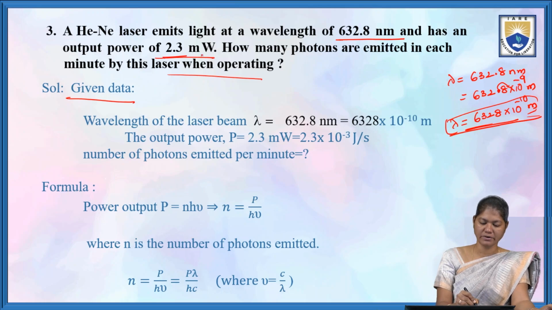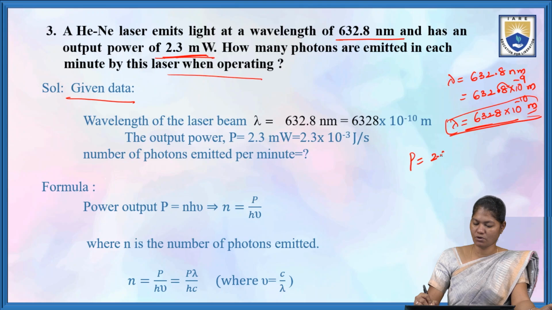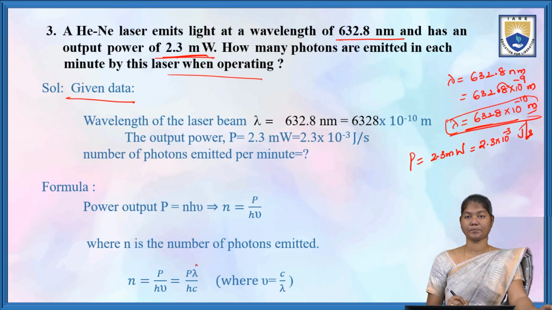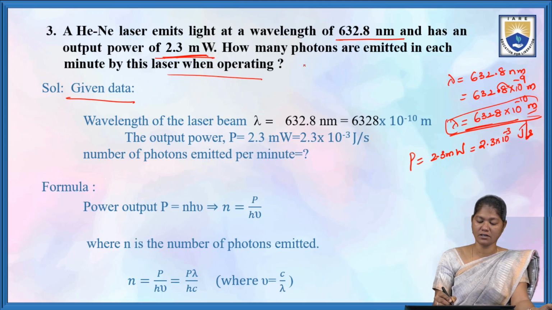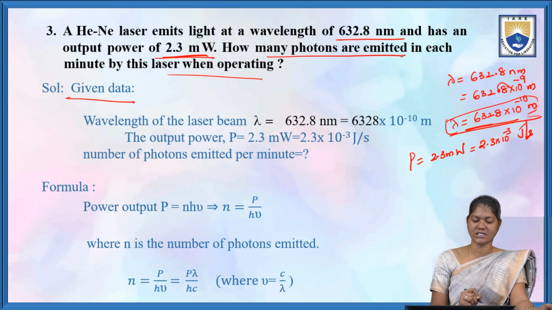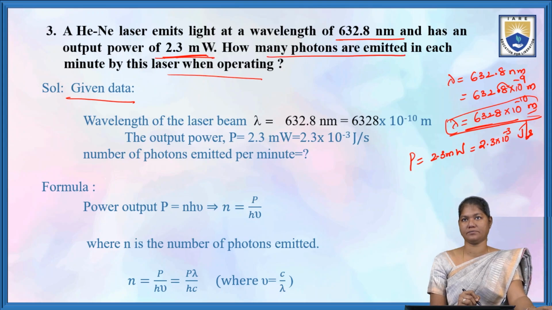And the output power P is equal to 2.3 milliwatts, so 2.3 into 10 power minus 3 joules. We need to calculate the number of photons that are emitted per minute.